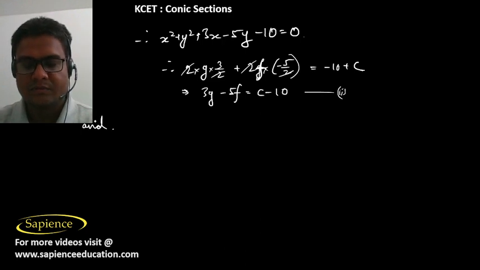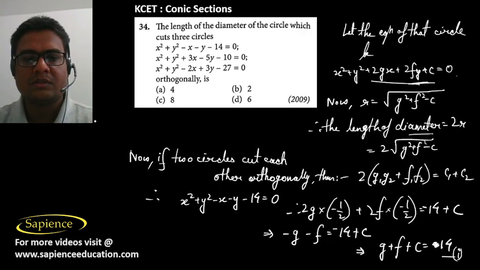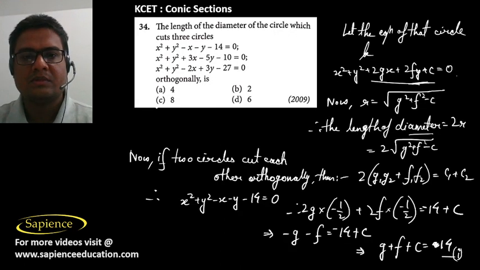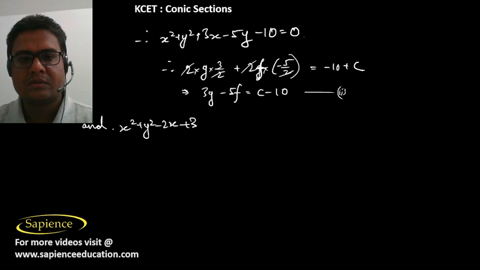Then the third circle is x square plus y square minus 2x plus 3y minus 27, that is equal to 0.